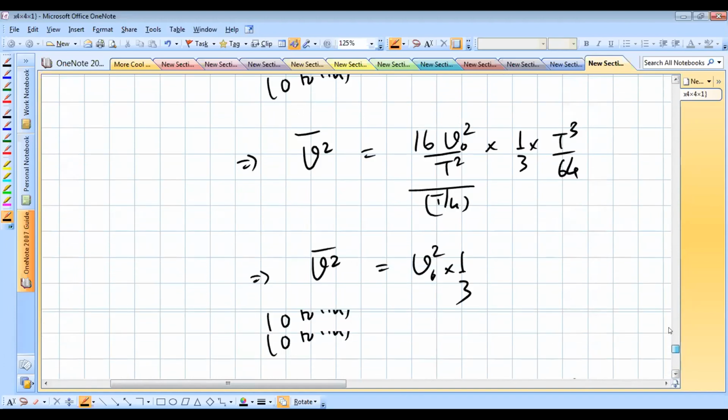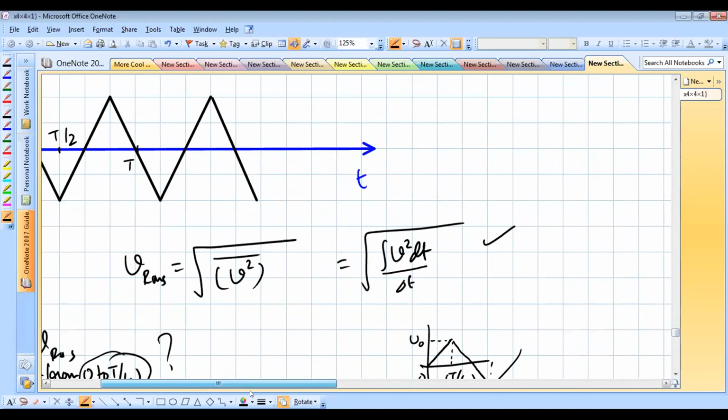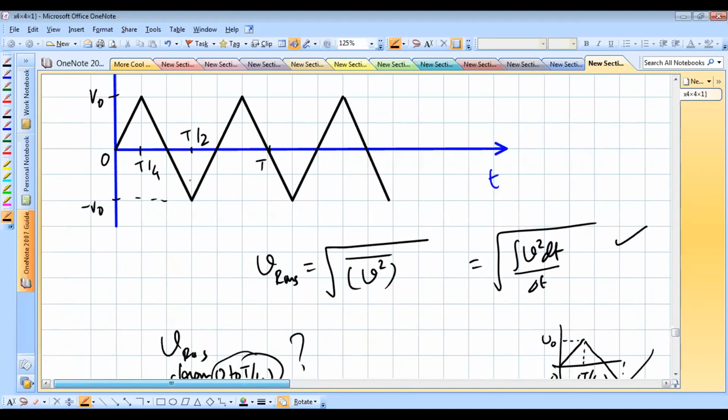So I may have labeled something wrong in this graph. Also, this thing here is t, my mistake. This time will be 3t by 4.